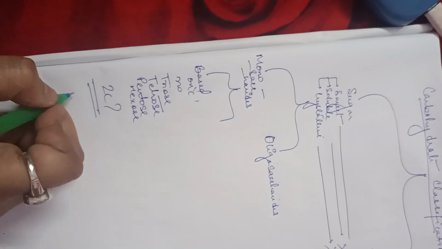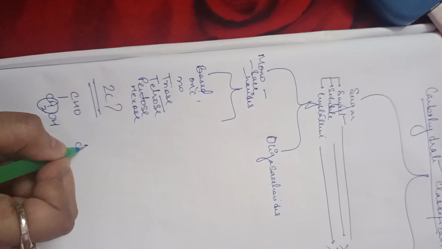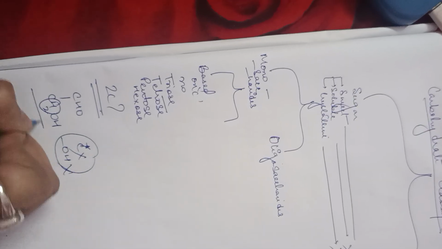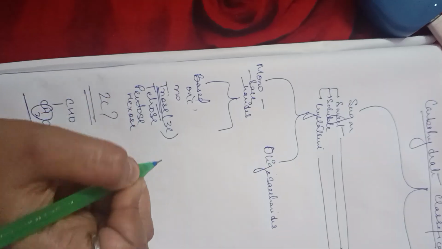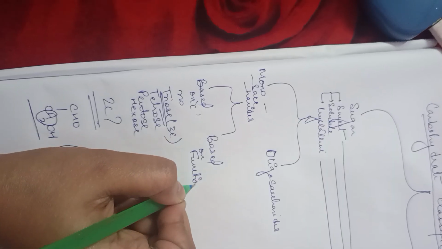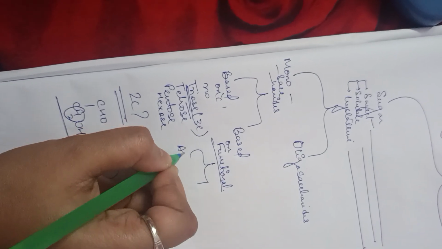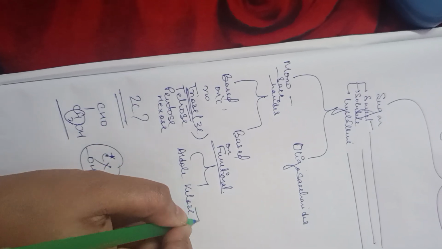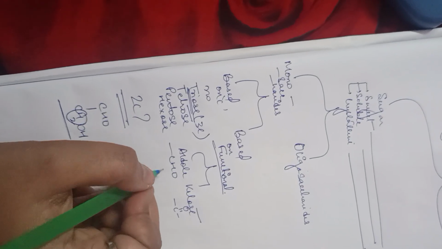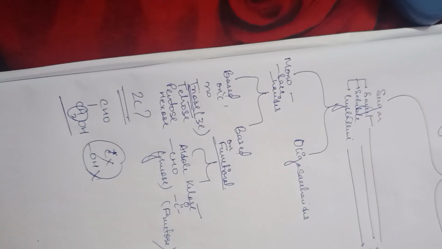Because I told you, CHO, CH2OH, 2 H, no chiral carbon present, polyhydroxy group not present. So we start with triose, that is a 3 carbon compound, and based on functional group we have aldose and ketose. CHO is connected in aldose; if I take an example, glucose, and for ketose, fructose. This much you remember.